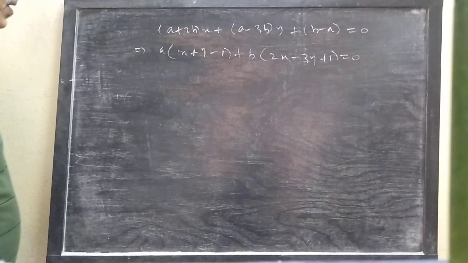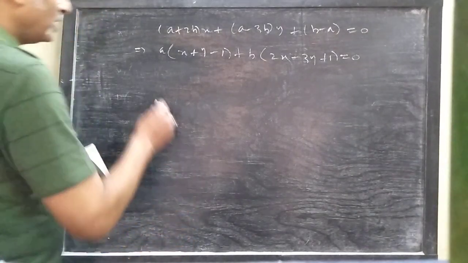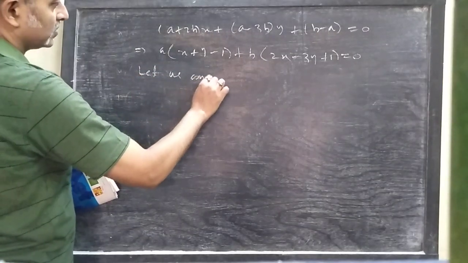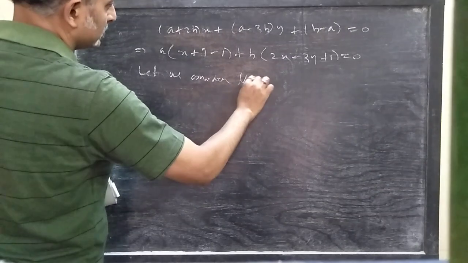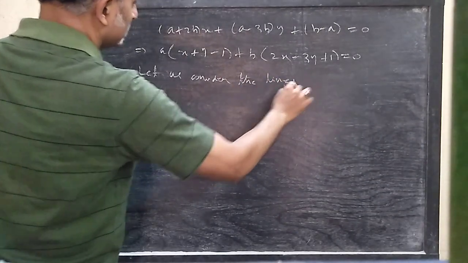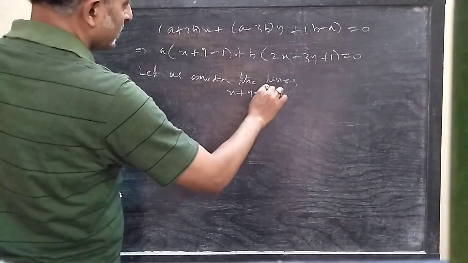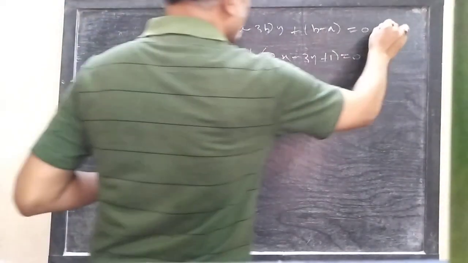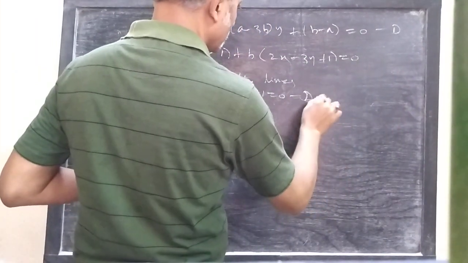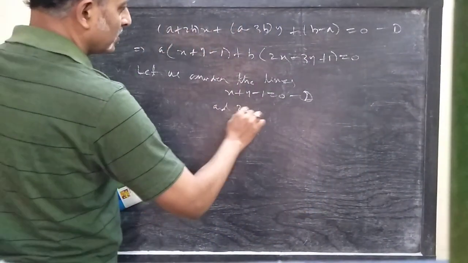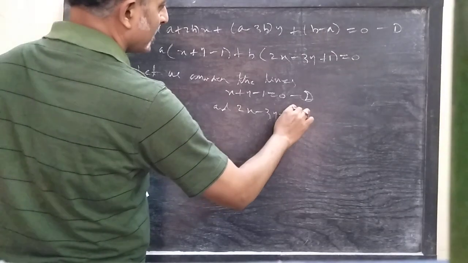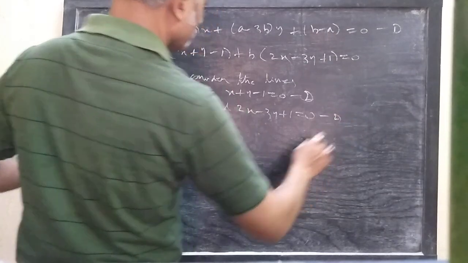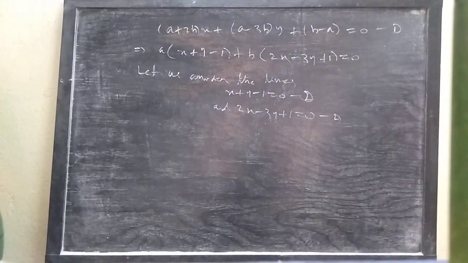Now, let us consider the line x + y - 1 = 0, this is number 1, and 2x - 3y + 1 = 0, this is number 2.